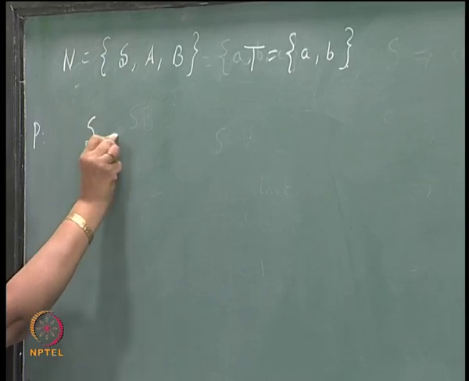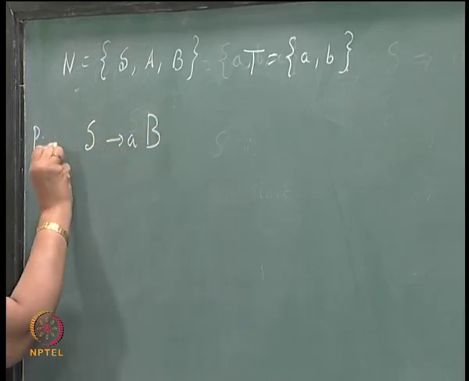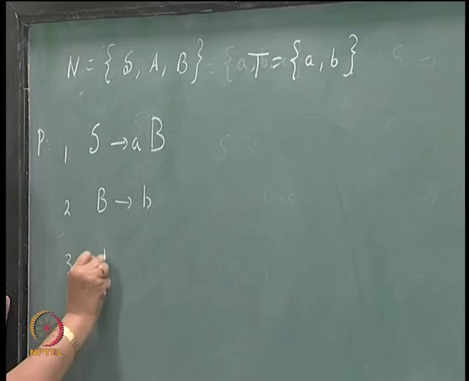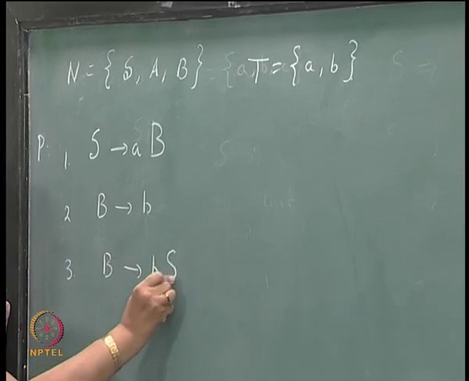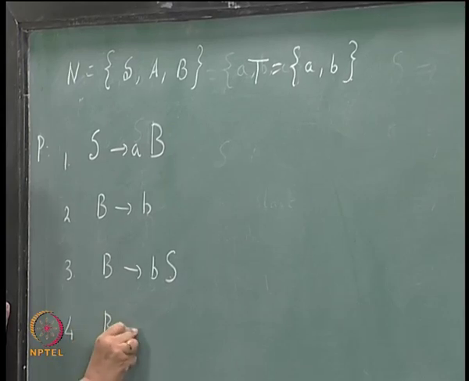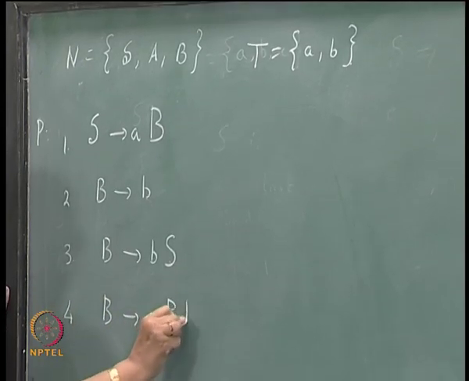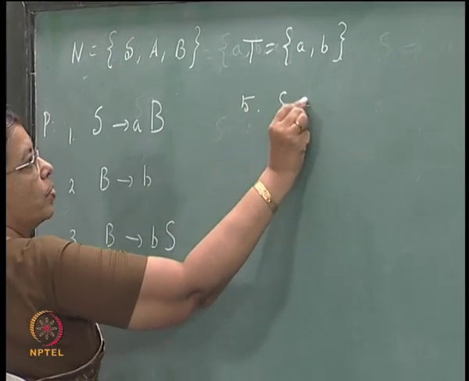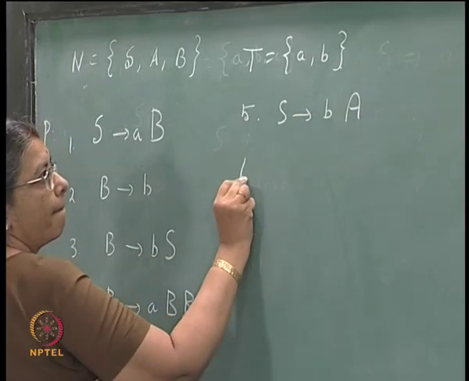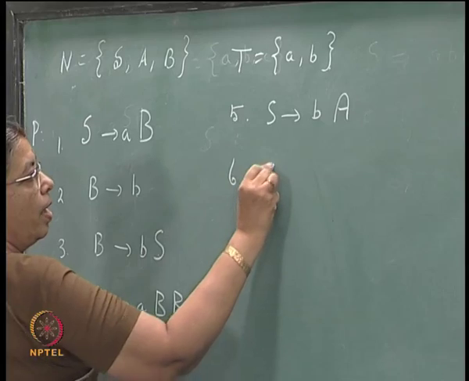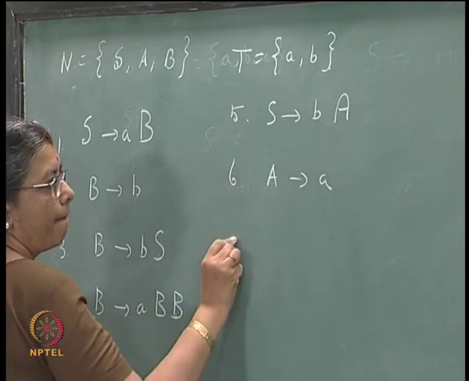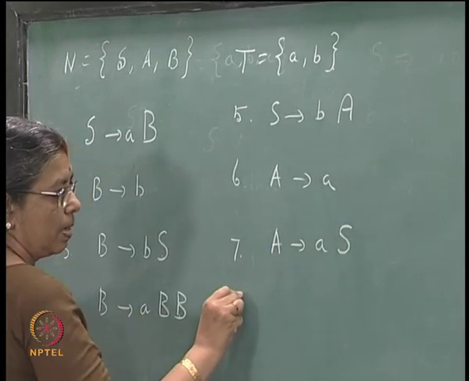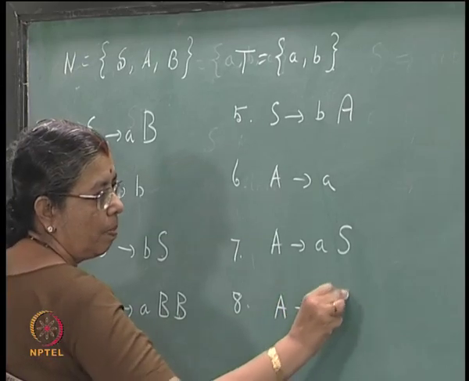like this. S goes to AB, B goes to B, B goes to BS, B goes to A, S goes to BA, A goes to A, A goes to AS, A goes to BA.